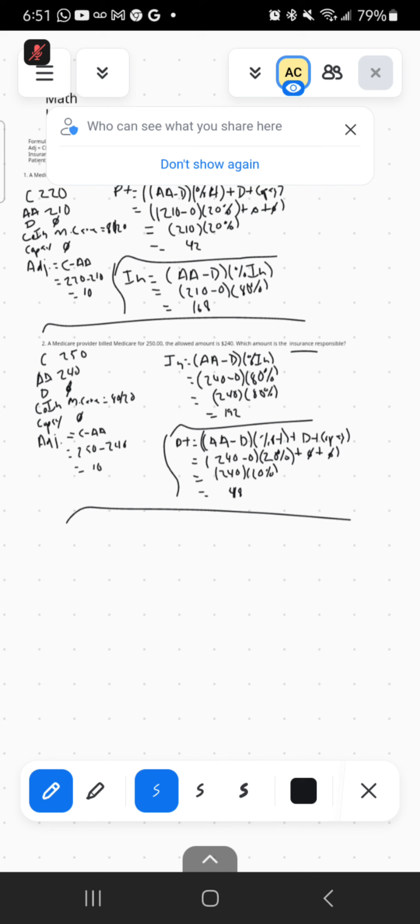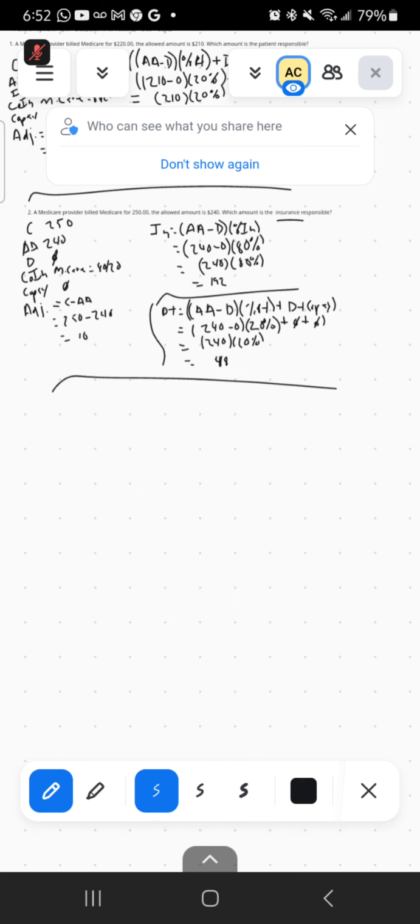If there's no question about number 2, let's go to number 3. Number 3 is same thing.